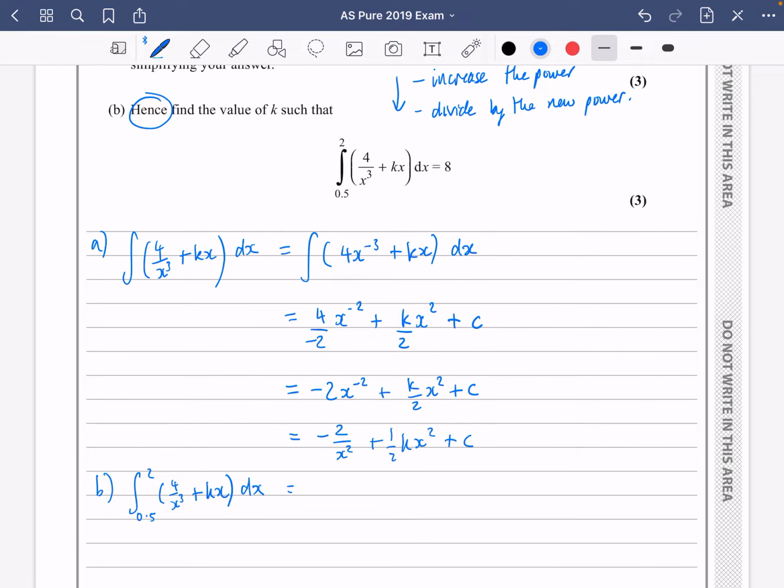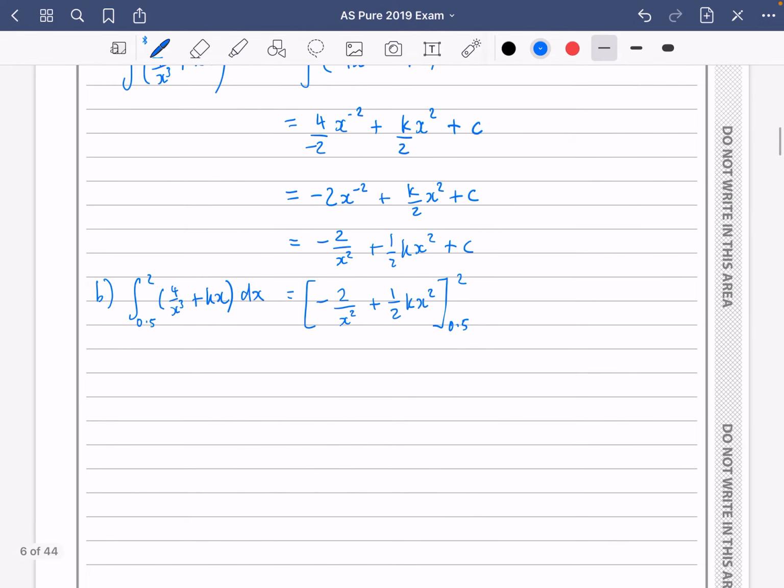Well, I've already worked out in the previous question that the bit in brackets is going to integrate to minus 2 over x squared plus a half k x squared. But I don't need to do the plus c because I've got limits now, between 0.5 and 2. So I'm actually just going to do the substitution in here.